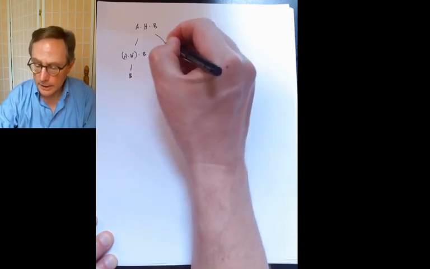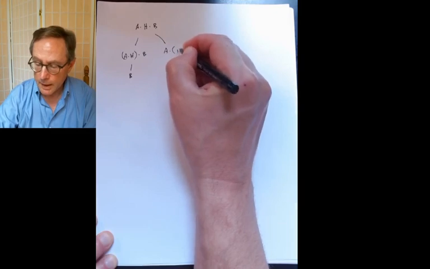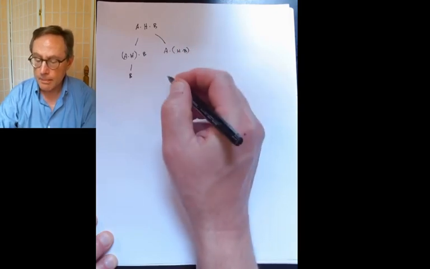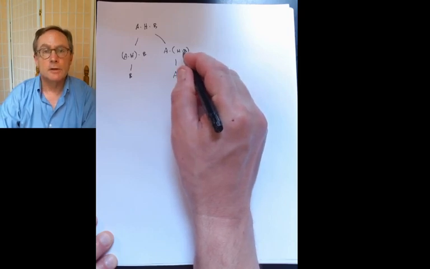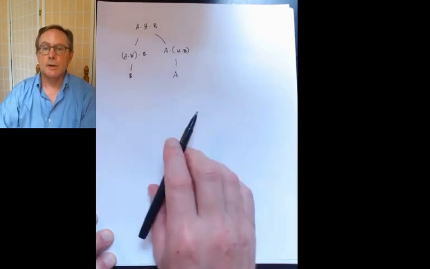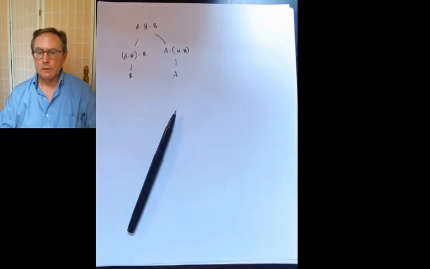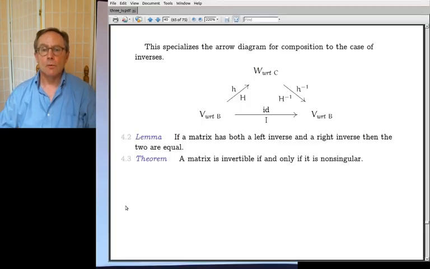On the other hand, it's A times H times B, which, you guessed it, is A, because that's the identity. So B and A are the same. Okay. So a lot of these results here are the same idea, that it's just a question of thinking through what the maps are doing.